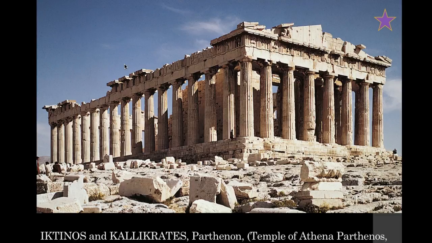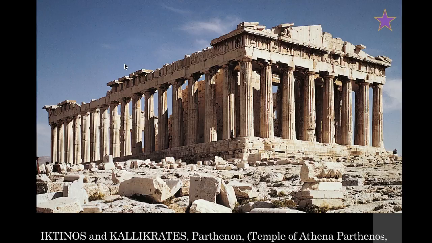This is an example of a classical temple from this period. And really, in terms of temples, there are no previous or earlier Greek temples that express classical balance, proportion, and unity to the same extent as the Parthenon.